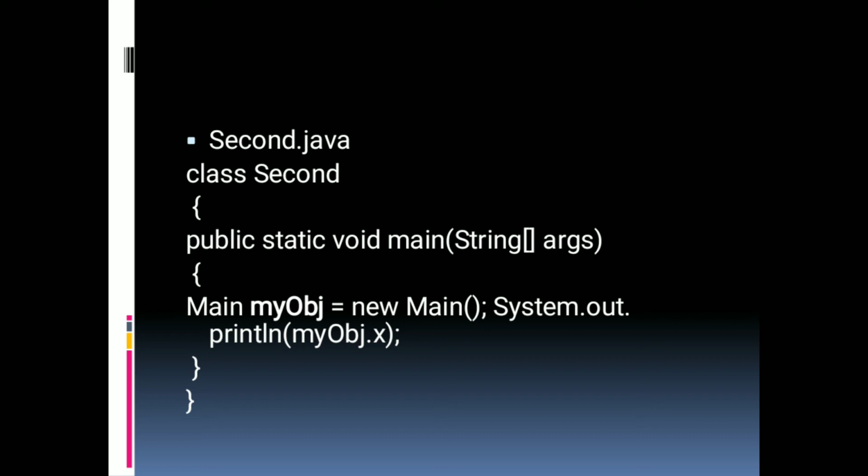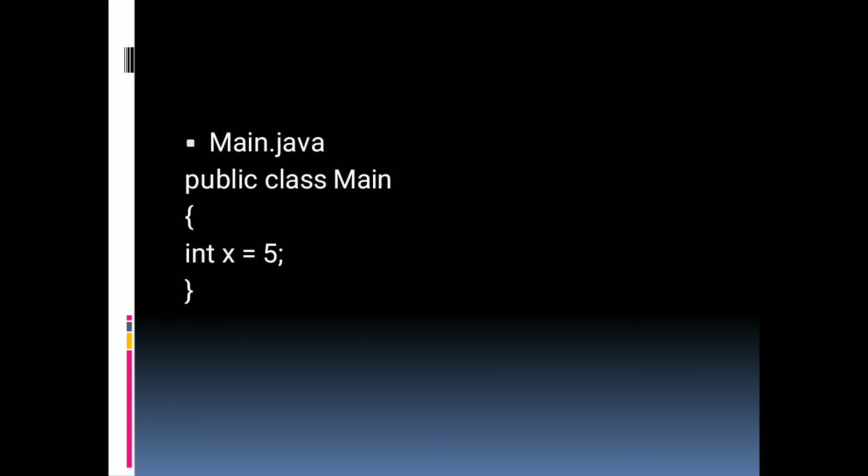By using the object we are printing the values that are initialized and declared in the main class. Here one class's variables can be accessed by using the object in another class.